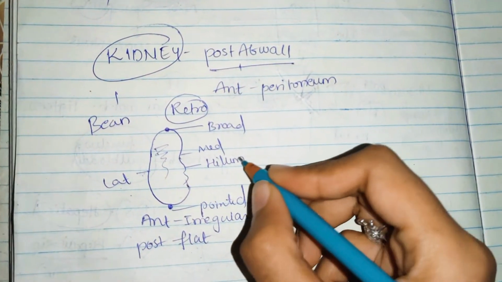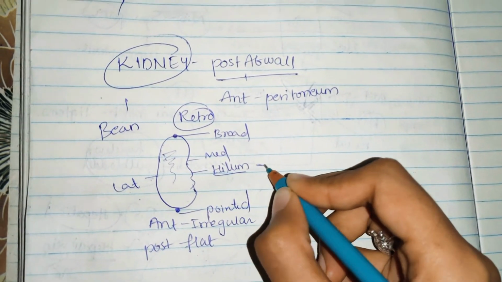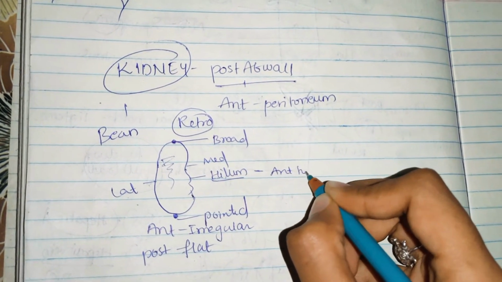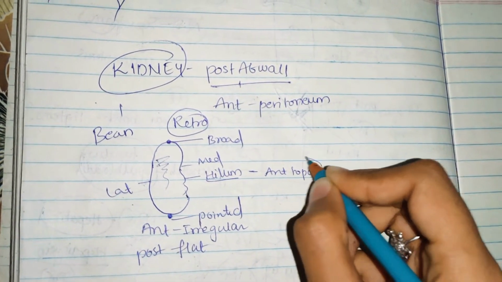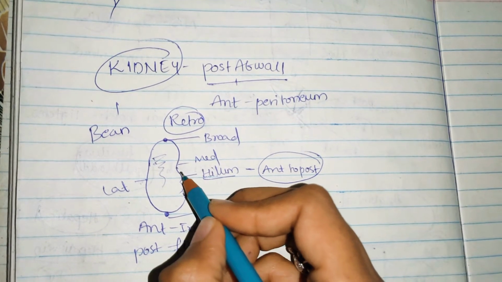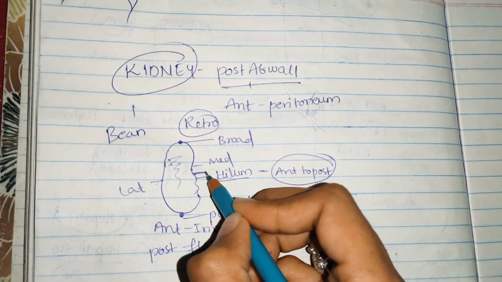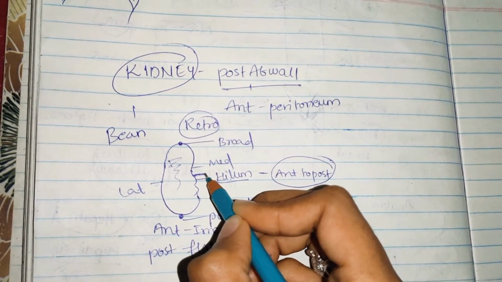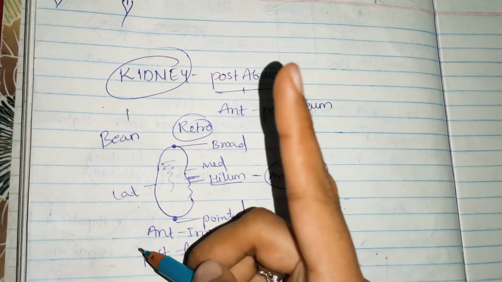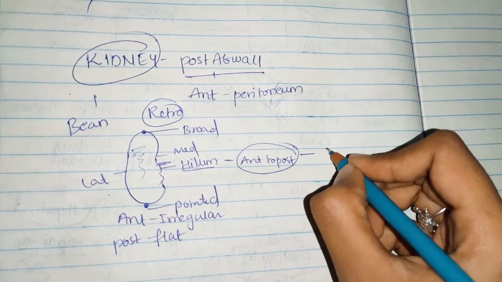Now let us discuss the hilum, and what structures are arranged from anterior to posterior at the hilum. First, from the anterior side, you will have the renal vein. Let us write them anterior to posterior.